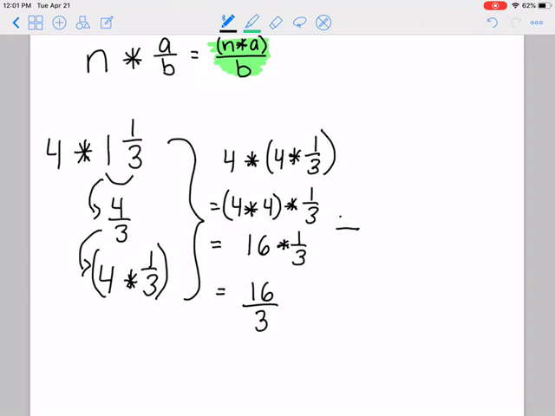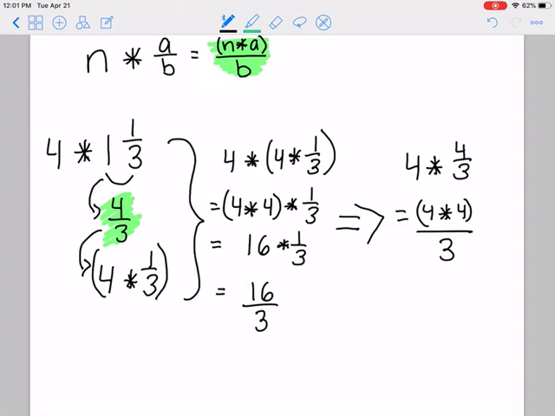This is the same as, the problem was 4 times 4/3, right? Because we changed it to an improper fraction. So you would do 4 times 4 over 3. And that would be your answer.